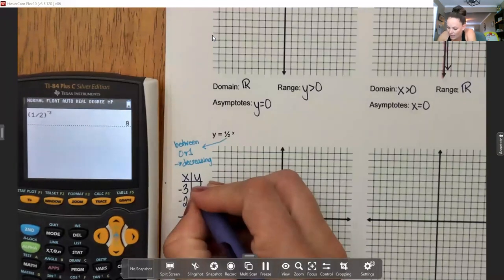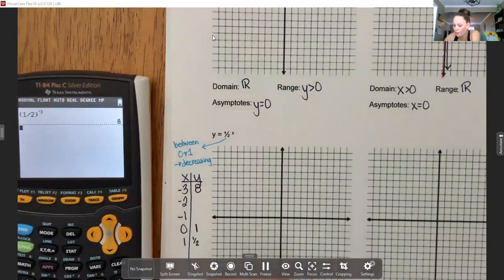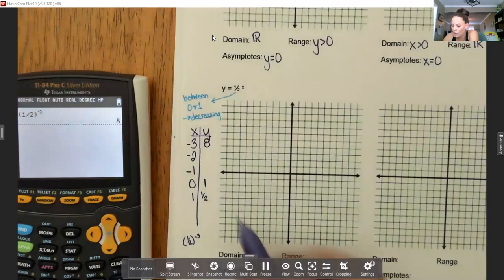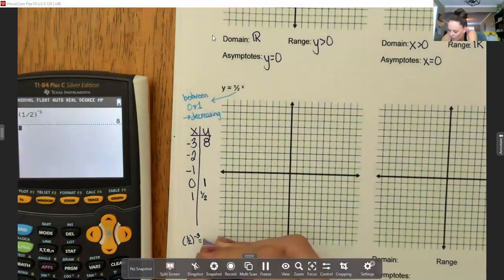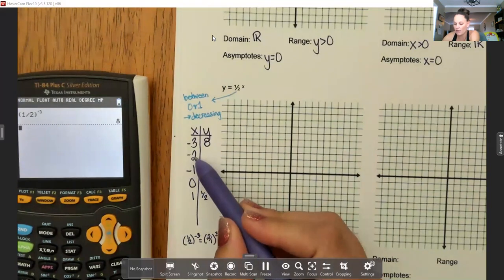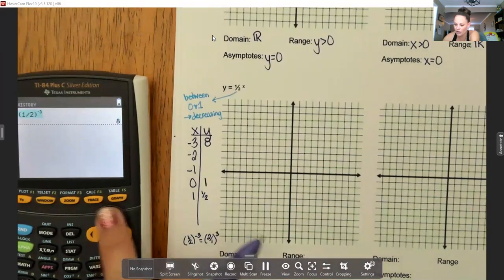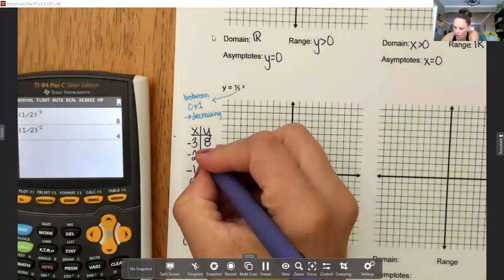This gives us 8. The reason it gives us 8, so 1/2 to the power of -3, remember the negative exponent flips it. So this is equivalent to 2/1 to the 3rd power. So when I plug in -2, same idea, we're going to get 4.